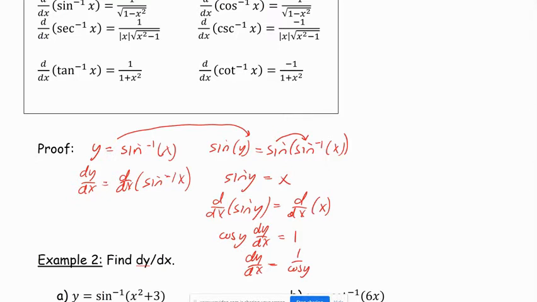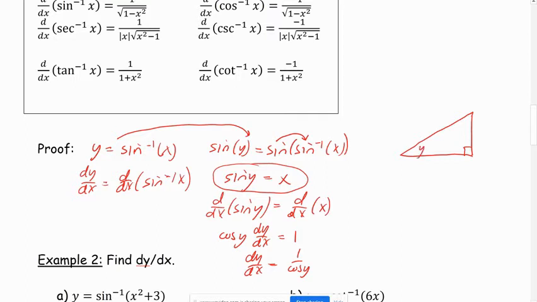And so now, to finish this off, we are going to need to draw a right triangle that fits the description of this original statement. The sine of the angle is equal to x. Now, sine is a ratio. If you remember from high school geometry, sine is a ratio of opposite leg over hypotenuse in a right triangle.